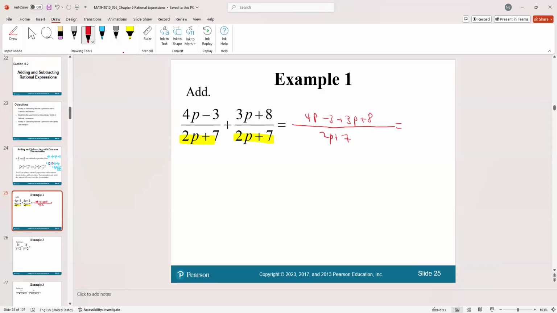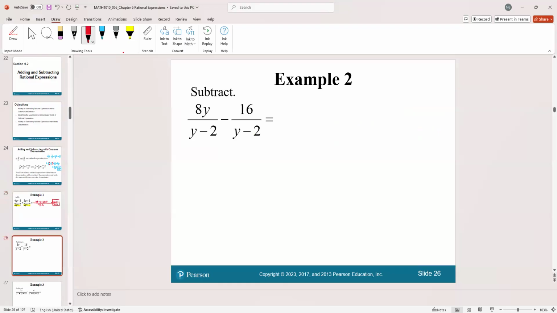We see 4p plus 3p gives you 7p. Negative 3 plus 8 gives you 5. There is nothing here you can factor to cancel common factors. We conclude that the final answer is 7p plus 5 over 2p plus 7.